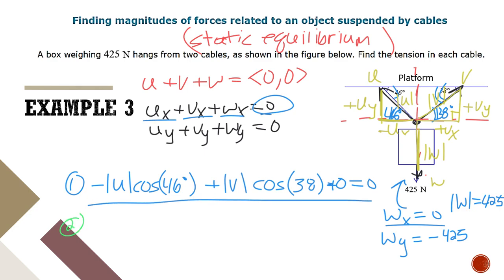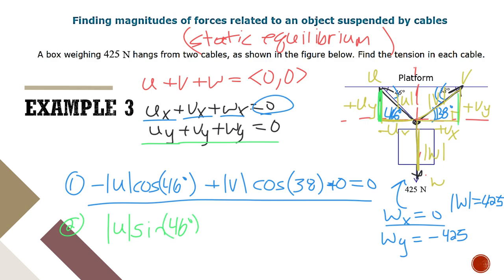Our second equation is doing the u sub y, v sub y, w sub y, which are the y components. So when we look over here, the y components, we are going to be using this, which is positive. So it should be the positive magnitude of u, and then instead of cosine, it will be sine of 46.